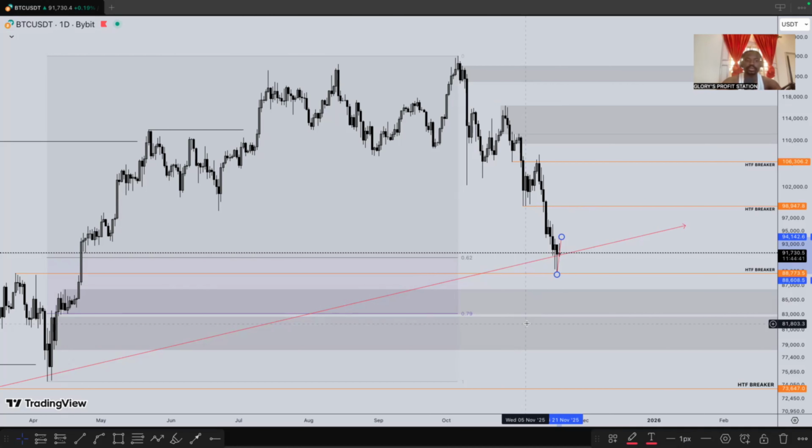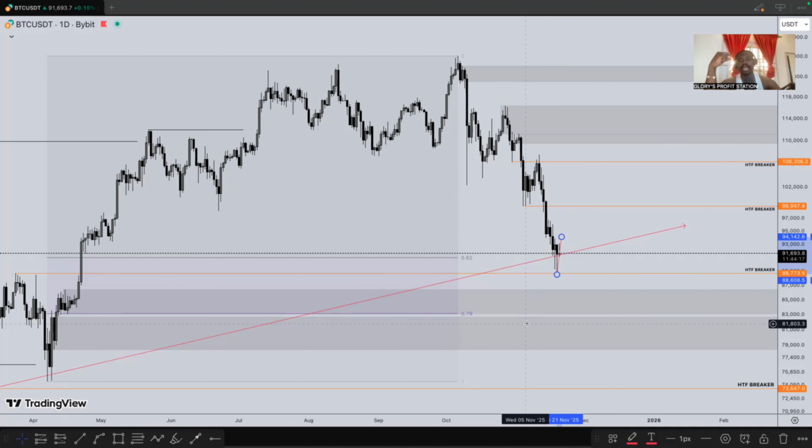Okay, identifying the structure points on the internal structure to get my internal zones, identifying the structure points on the external structure to get my external zones. Now, when I see internal and external zones overlapping each other, then I know that's a very important level for me to be looking at. When I see higher time frame zones overlapping lower time frame zones, I'm interested in that particular level.